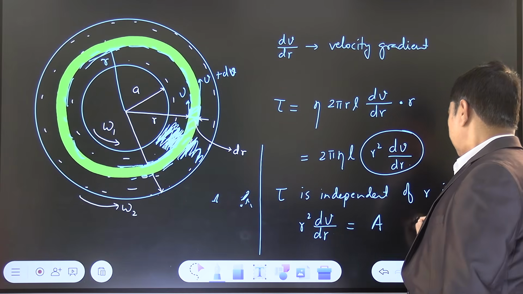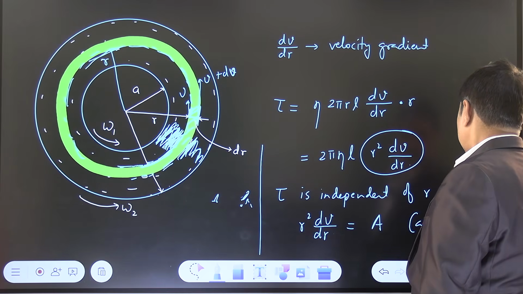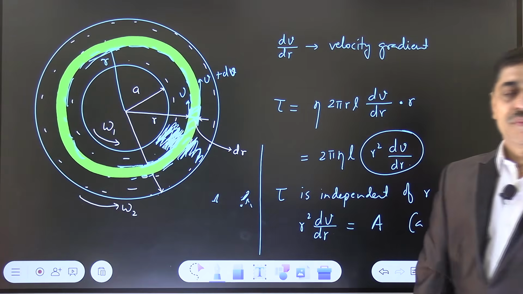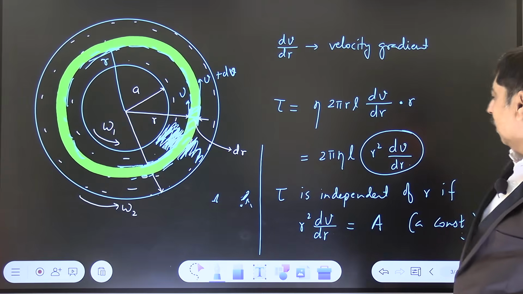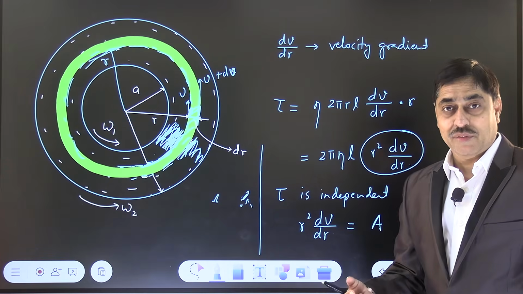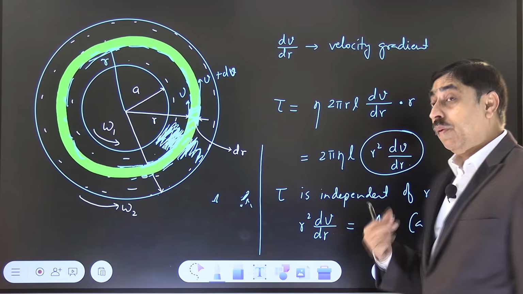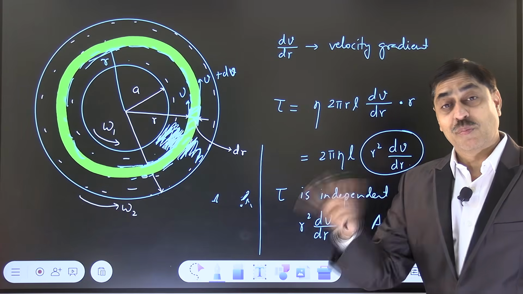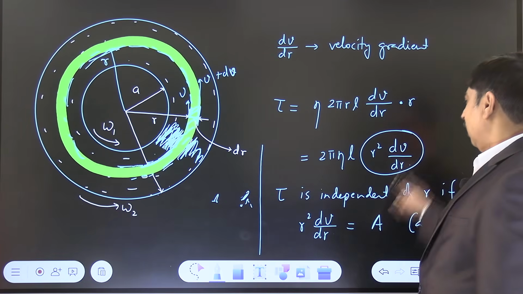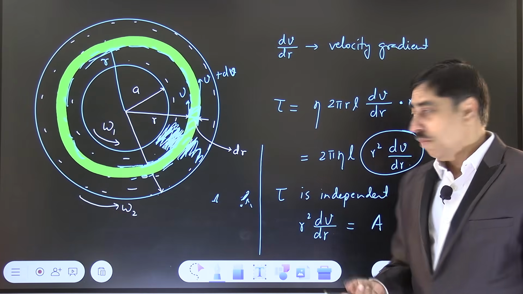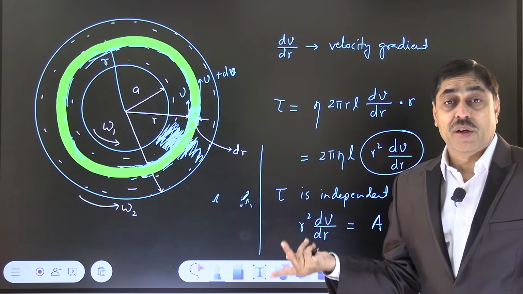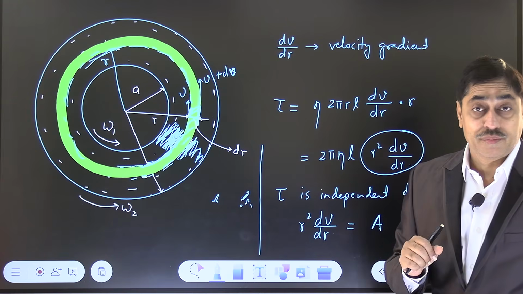Let us say A. Isn't it? This quantity has to be a constant. That means, in simpler language, dv by dr should be inversely proportional to r square. So if dv by dr is inversely proportional to r square, these two r square will cancel out, and this whole torque will become independent of r, and that is what you want.